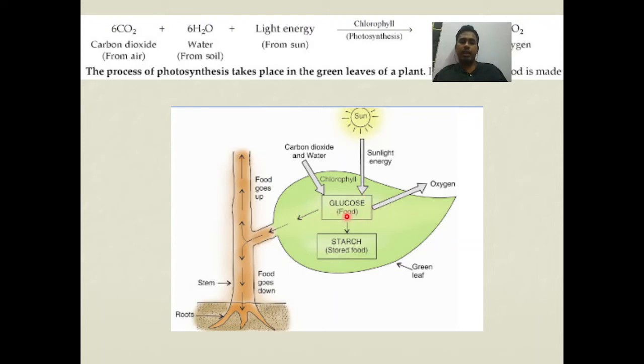Here, when excess food is prepared, it is stored in the form of starch in the plants. These starches get utilized by the plants during unfavorable conditions. Then as a byproduct, oxygen will be released outside, which is recirculated into the atmosphere, where the oxygen and carbon dioxide balance is maintained accordingly.